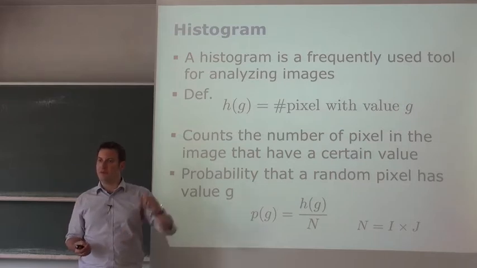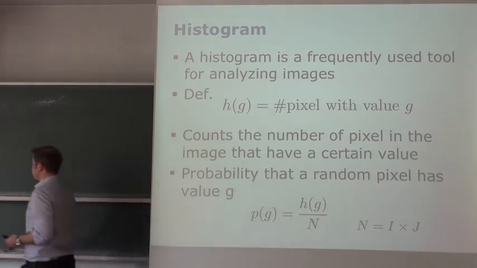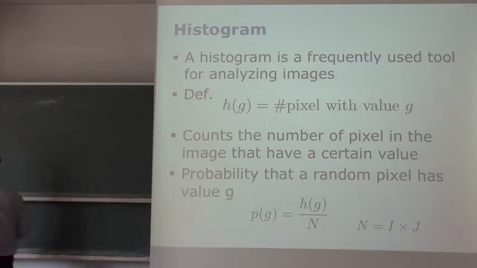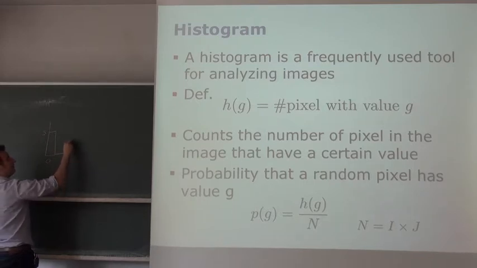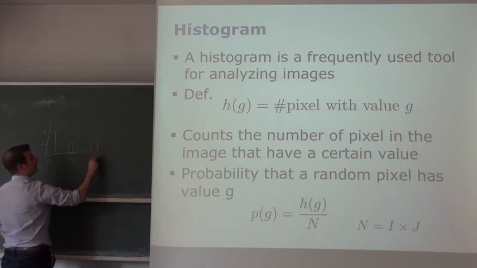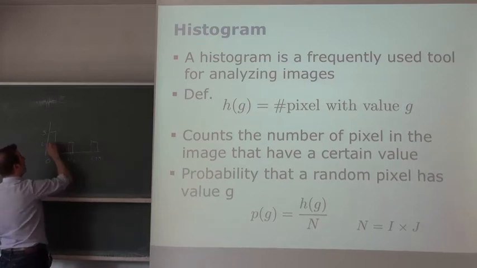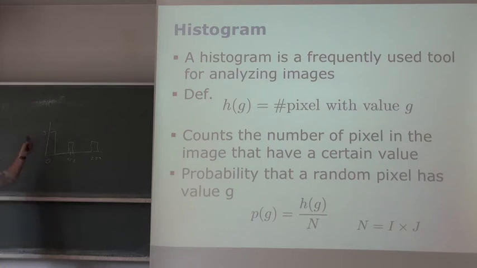So in my example before, I had this histogram where 0 took the value 5, then a couple of zeros until 128. This had a value of 2, and in the end 255 also had a value of 2. I have 9 different values.